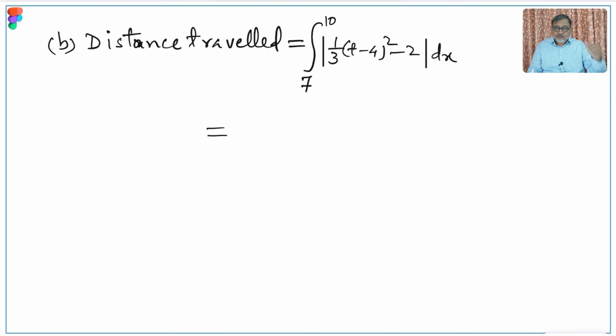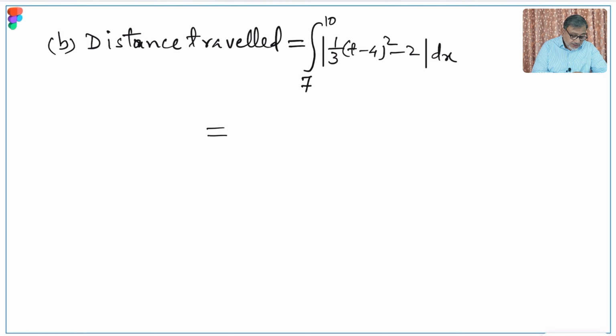Now you can find this by integration on the calculator, because this is a calculator question. So I will go to math, then integral, and use the modulus, which is math, absolute value.